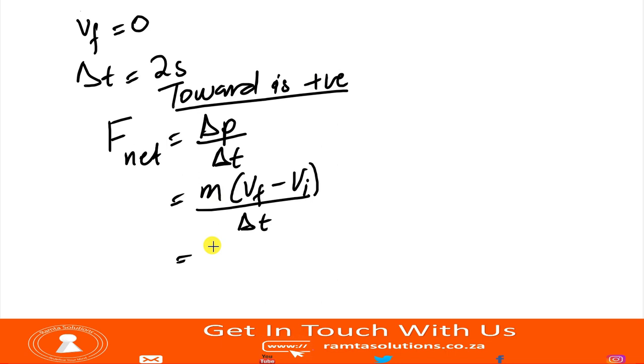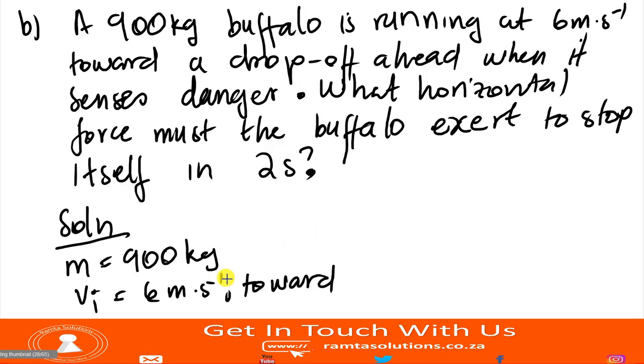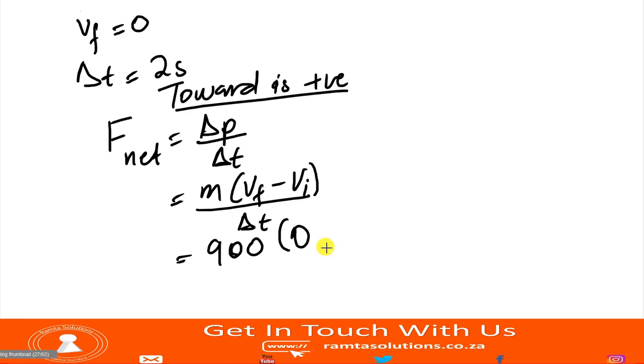So what is the mass? The buffalo is 900 kilograms. What is the final velocity? It's 0. Now what is initial velocity? It's 6 meters per second towards the drop off, so it'll be positive.